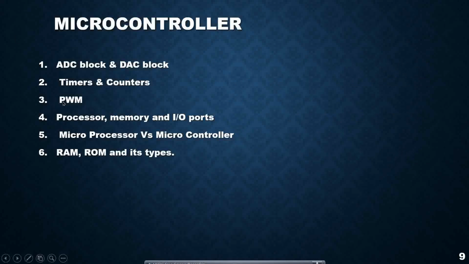Then we also saw PWM, which stands for pulse width modulation, and we learned about processors, memory, and the input output ports of the microcontroller. In memory we learned about registers and other important elements.